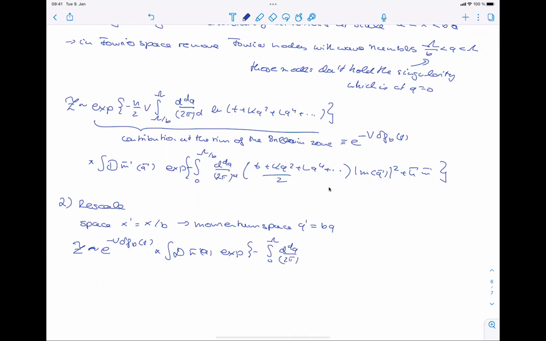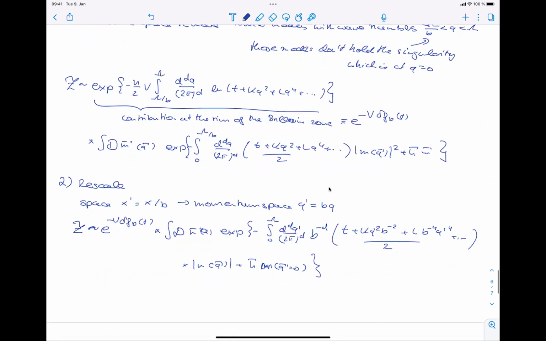So rescaling our q's with this b means that I get the minus b^d, t plus q squared k b^-2, plus L b^-4 q, times plus h. This is all now h m.